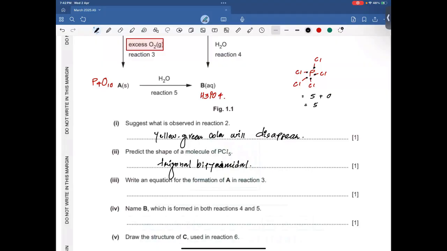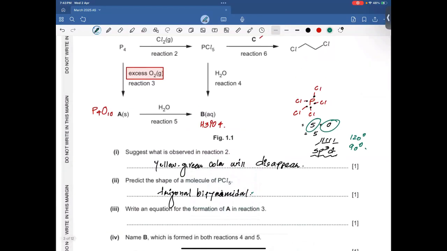So the total is going to be 5. Let me draw 5 lines. The first line is always represented by S, the 3 lines represented by P, and the remaining lines are represented by D. So the hybridization is going to be sp3d. So whenever we have sp3d hybridization with 5 single bonds and 0 lone pairs, the geometry is going to be trigonal bipyramidal, and the angles are going to be 120 along with 90 degrees. If you remember, we have discussed this entire case in the class, right?